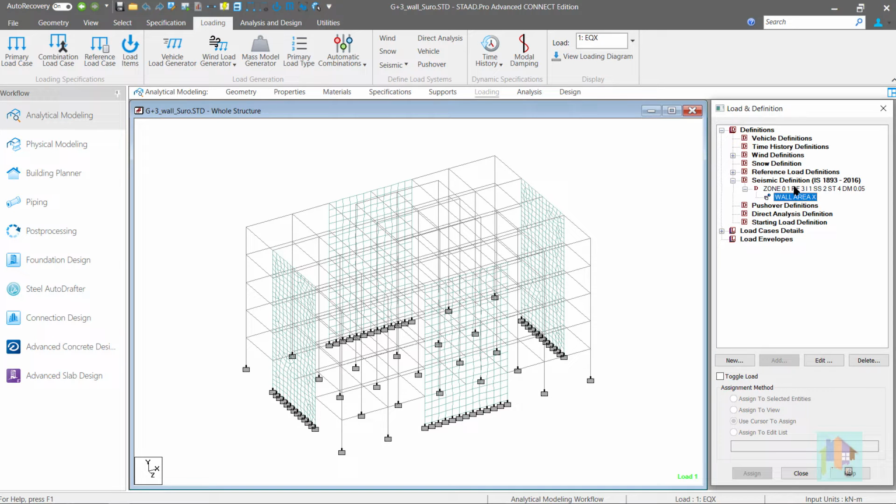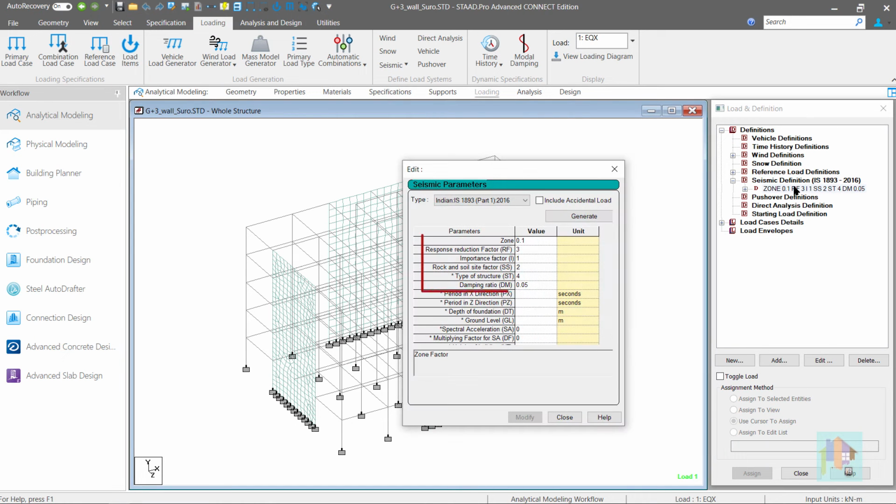In the last session, I discussed the 5 basic parameters required for Ah and design base shear calculation, including Z, I, RF, SS and DM. The last two parameters, soil class and damping ratio, are used for Sa/g calculation.